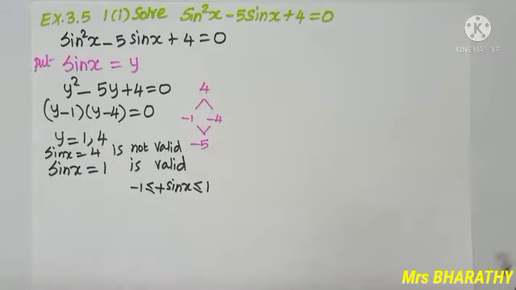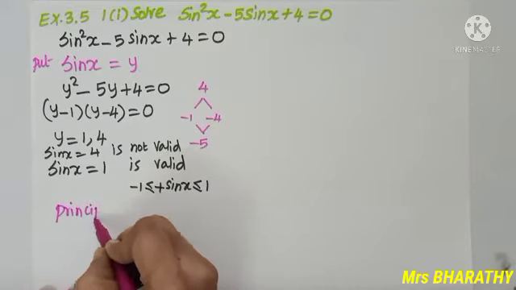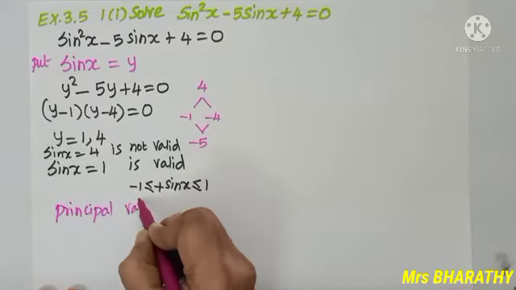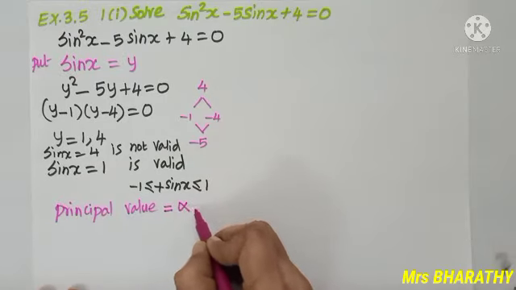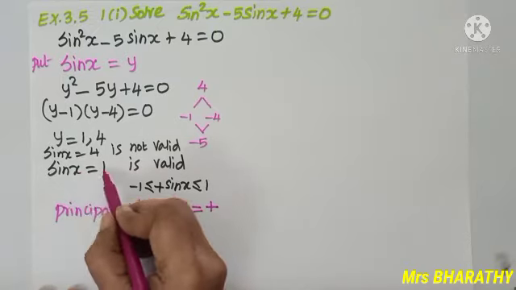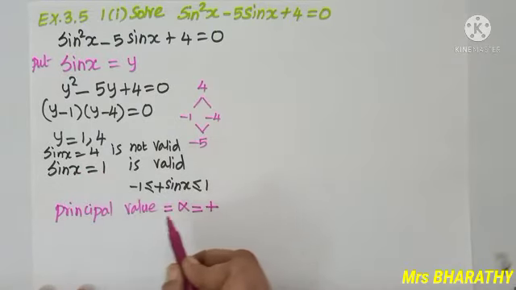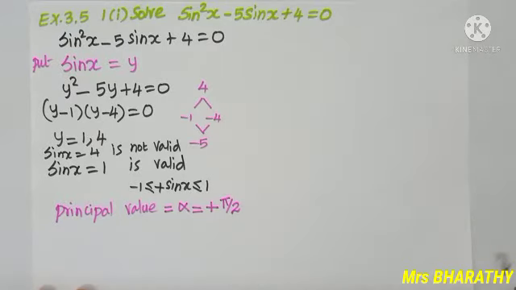Let us remember the principal value. So we are in trigonometrical equation. When sin x is positive, the principal value alpha I keep positive. When sin x is 1, we recall the principal value as pi by 2. Sin 90 is 1, so 90 we write as pi by 2 radians.